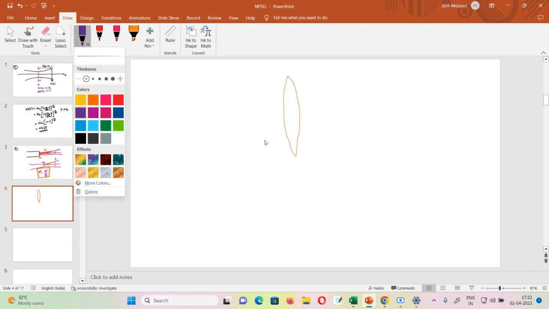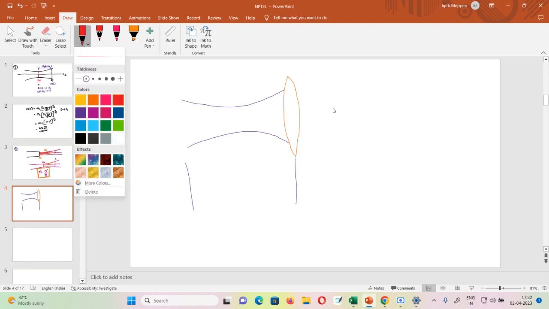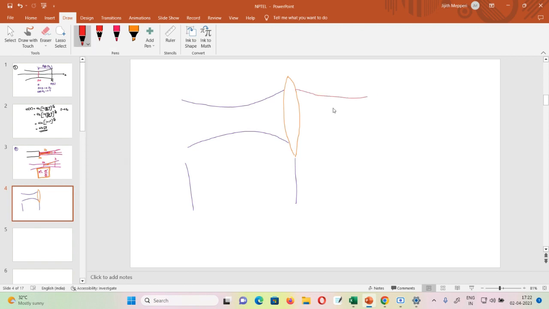Just think that I have a Gaussian beam coming. After this one, this is a particular Gaussian beam, correct? Then after this one, what happened? Since this is a Gaussian beam, after the focusing also it will be another Gaussian beam. So what is happening is that the lens is transforming one Gaussian beam to another Gaussian beam.